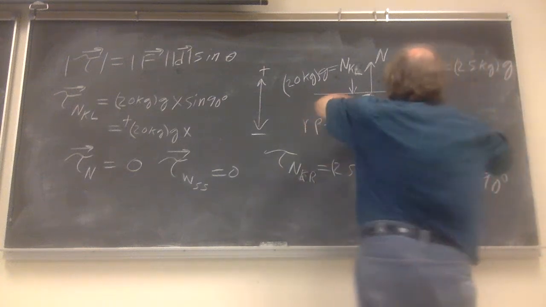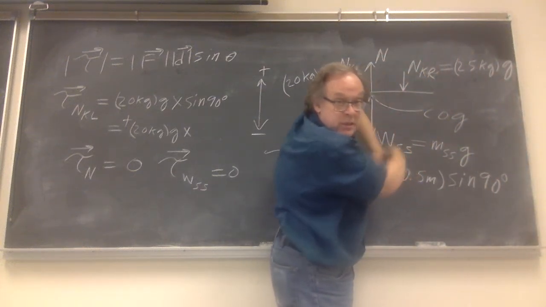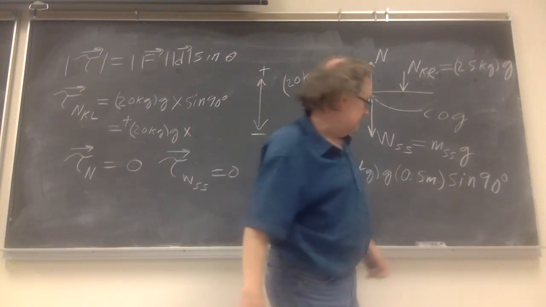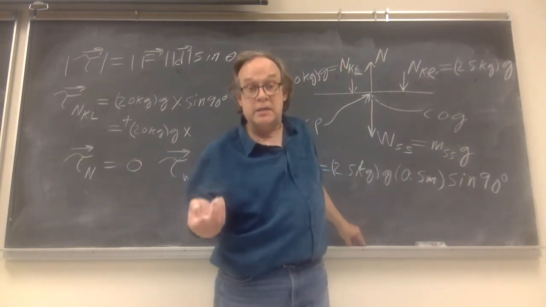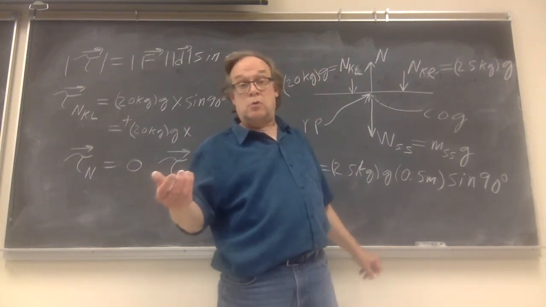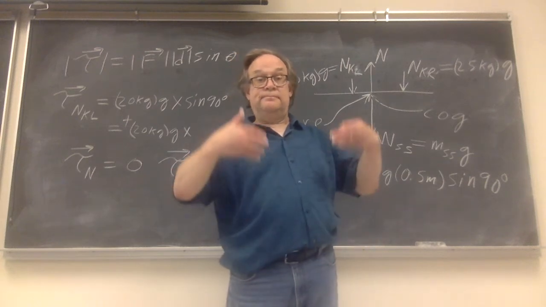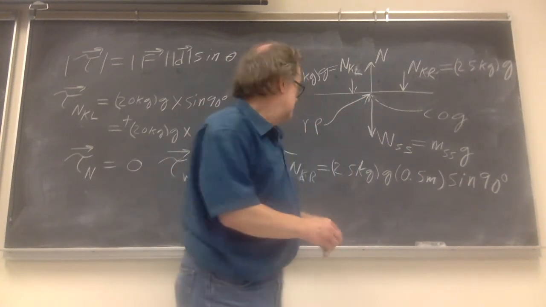What happens then? Well, you push like this, and the seesaw rotates like that, clockwise. Clockwise rotations are negative rotations, and a torque that causes negative rotations we call a negative torque.